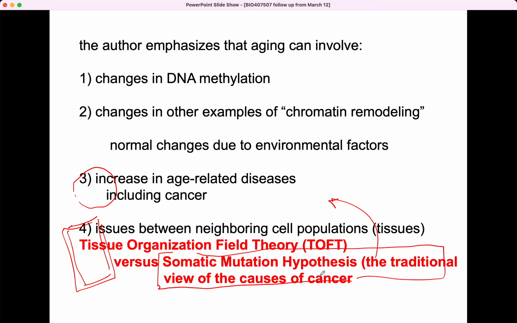So there are mutations that lead to activation of oncogenes, and that's definitely the case. And this is kind of an unusual phrase, but it's the somatic mutation hypothesis, and we could just focus on that they're caused by mutations, like that. And the author wants to bring up a role for the tissue environment.